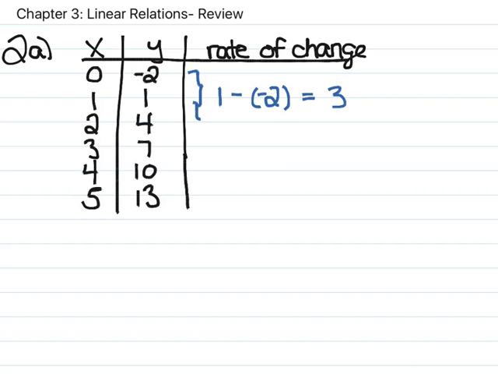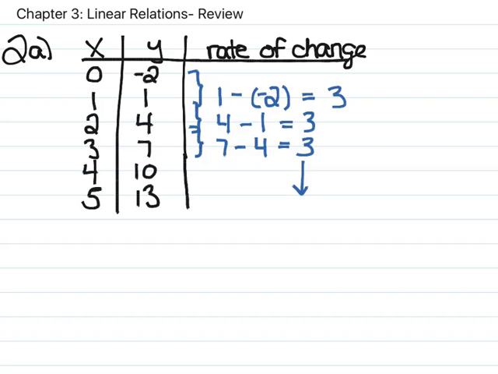Next you go to the next set, and you have 4 minus 1, which is 3. You continue like this the whole way down, finding the difference between each y value. You'll find that the whole way will always be 3.